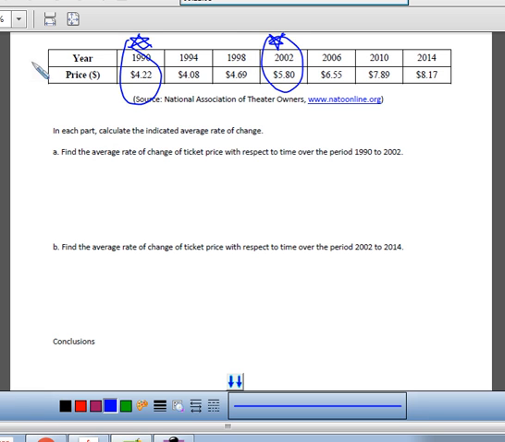So here's our f of x. The years are the input. The price is the output. That's our f of x. So the dollar values are going to go on top. I always like using delta y over delta x, or changing y over changing x.